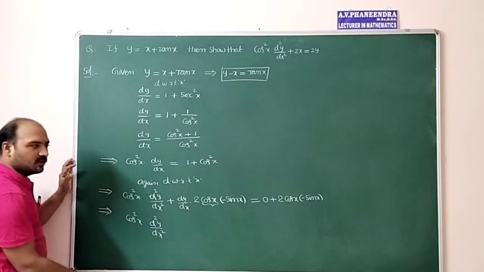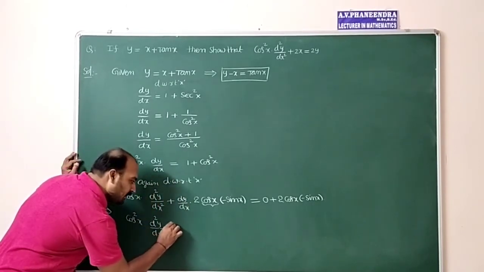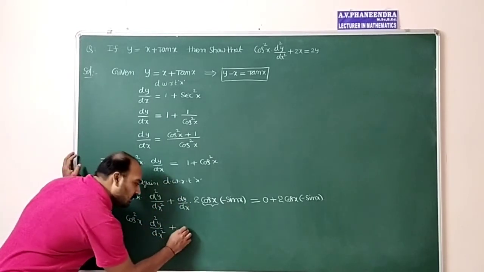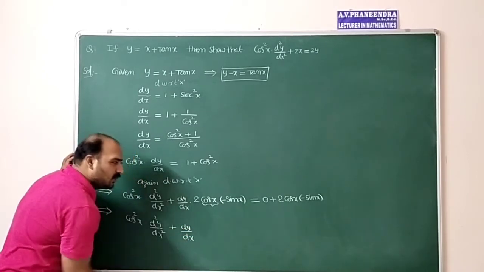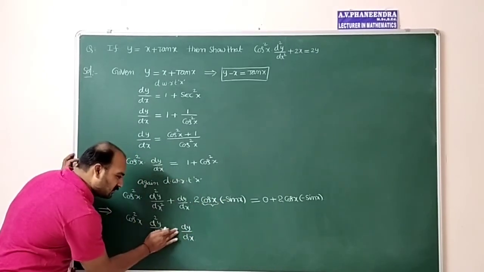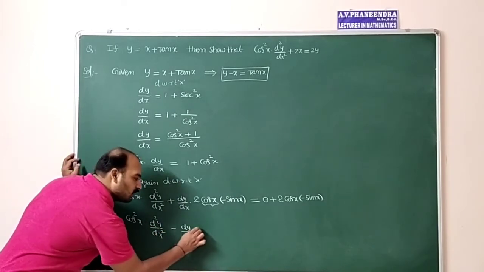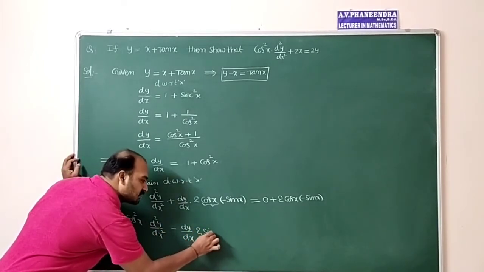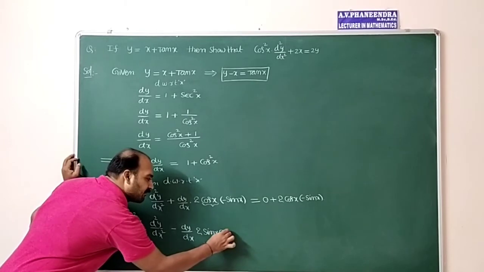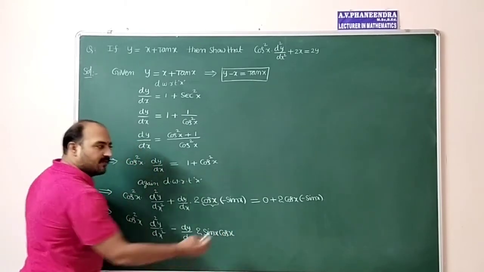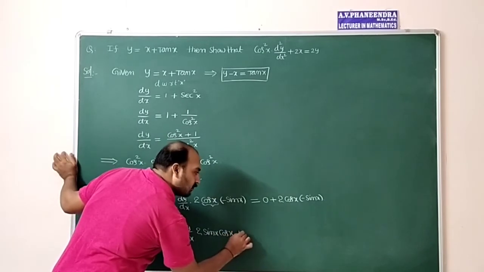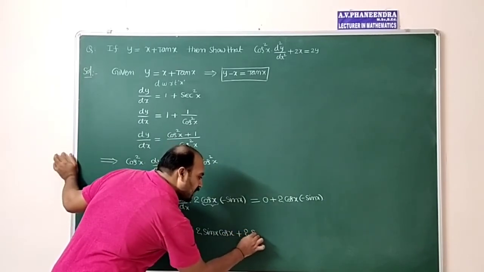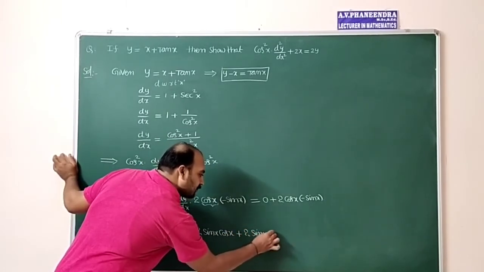First you write these values, plus dy/dx, here minus into plus minus now, 2 sin x into cos x. Even here also minus some value you can take this side, plus 2 into sin x into cos x.